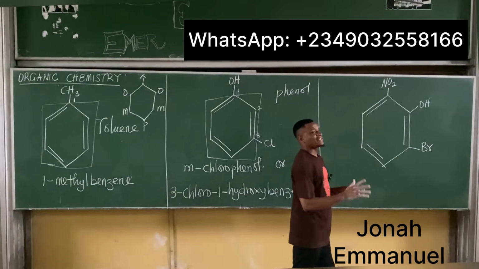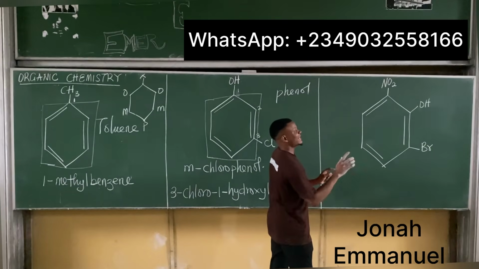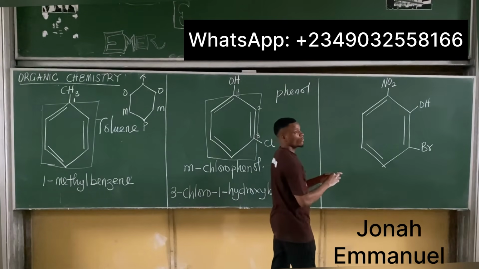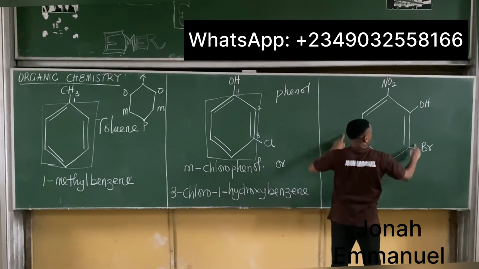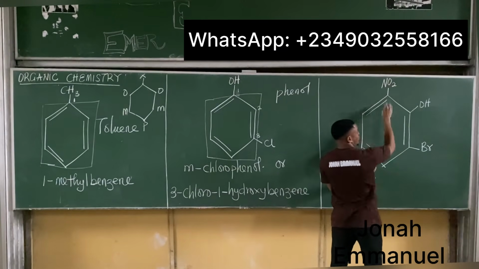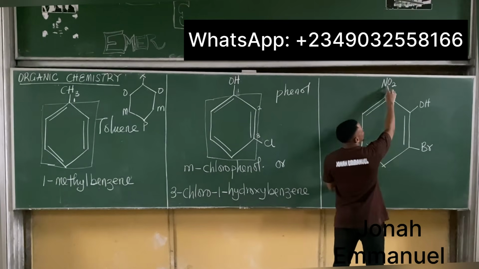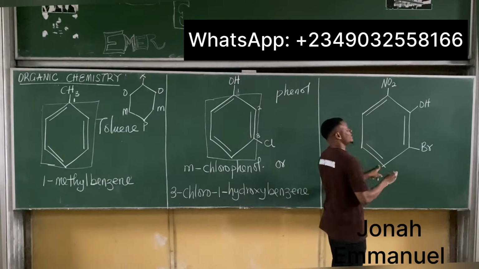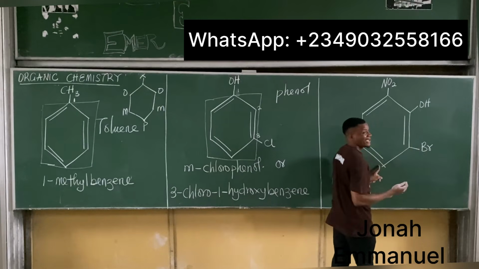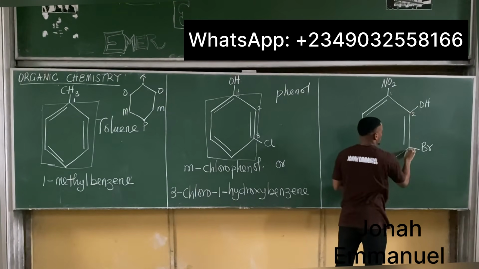As a benzene derivative, I'm calling both the benzene and whatever is attached to the top as one. If it's CH3, it's toluene. If it's OH, it's phenol. If it's NO2, it's called nitrobenzene. Since I can't use OMP here, I use numbering. So I'm having 1, 2, 3.